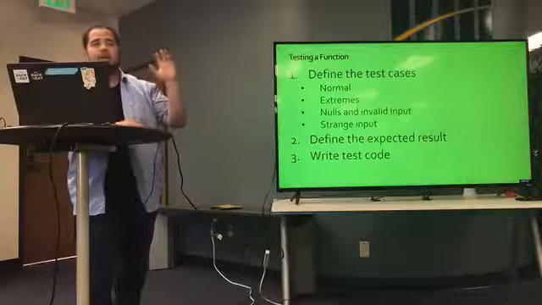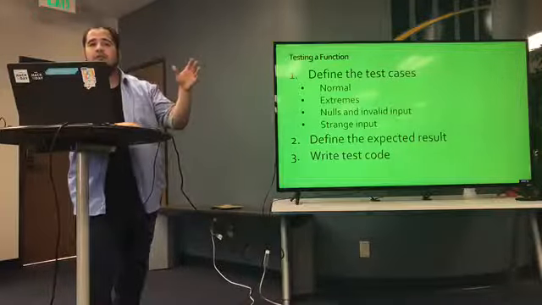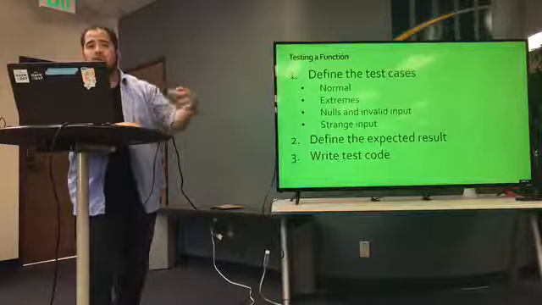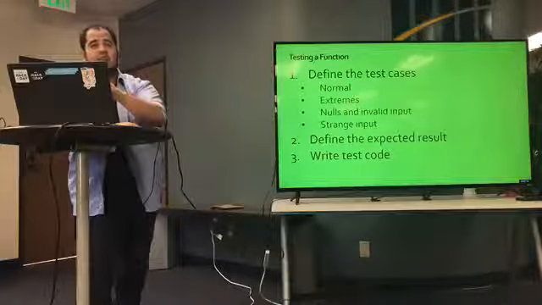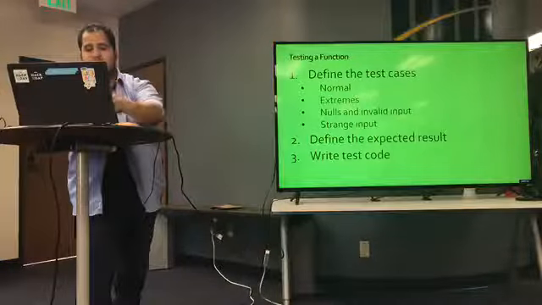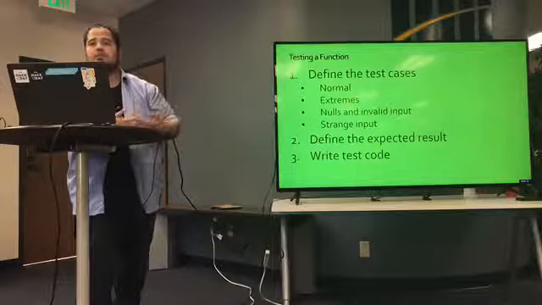So I created mock input and mock output, and I had to make sure that all the functionality was spitting out what I expected. So we're talking about defining the expected results, right? Does that make sense?